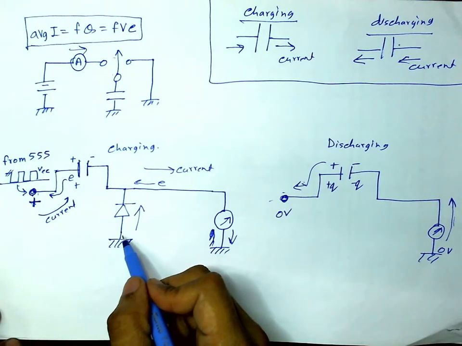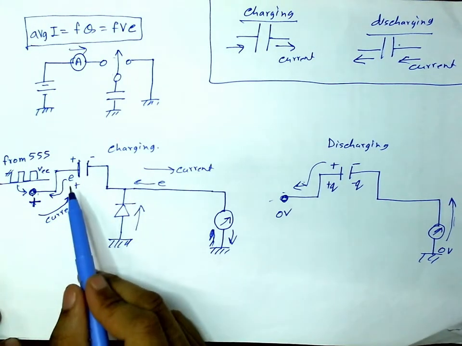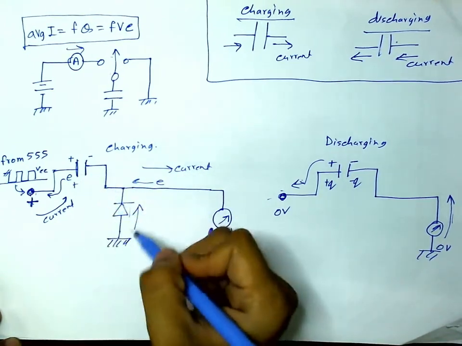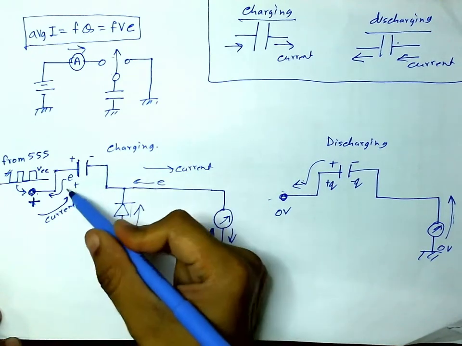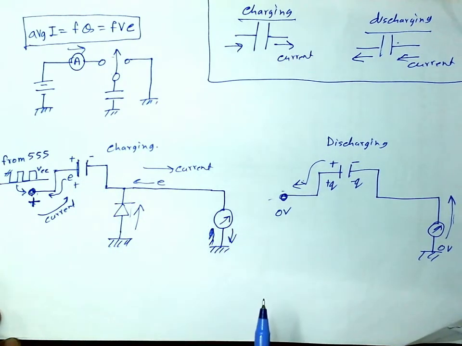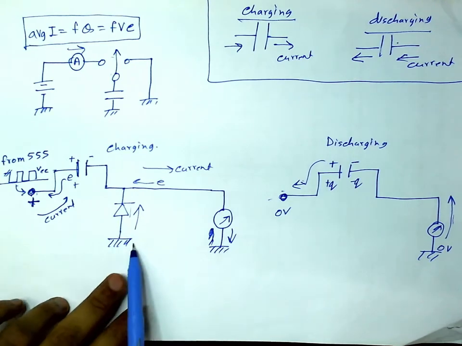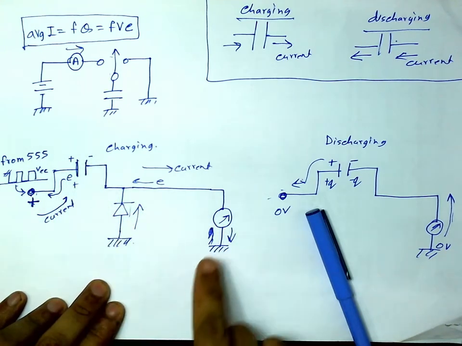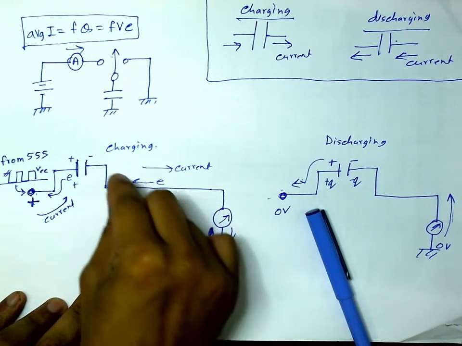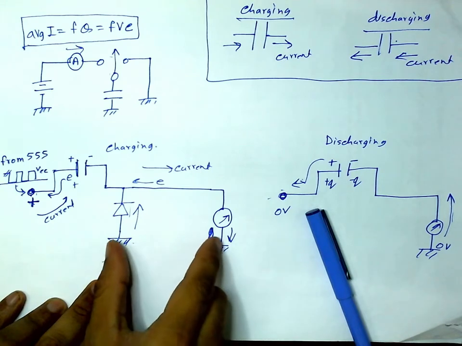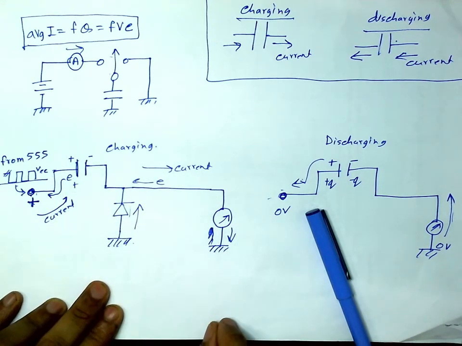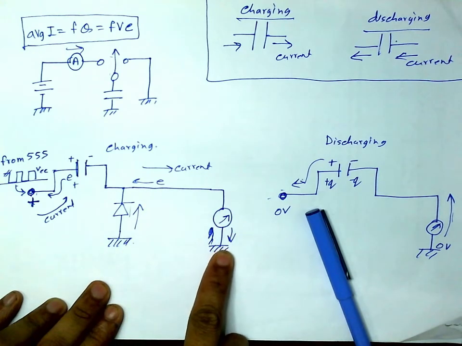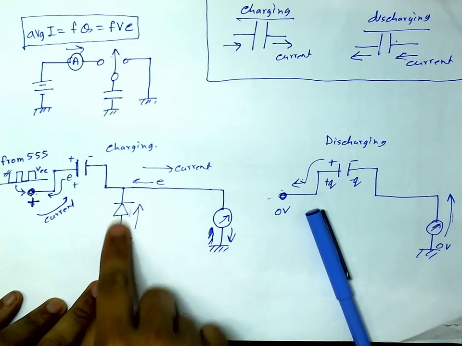Now, this diode allows the capacitor to be discharged through it. Current can go like this, but it cannot go like this. So now, during discharging, current can flow like this, or like this, or together. So discharge happens through both of them. Charging happens through the meter only, because charging cannot happen through the diode.